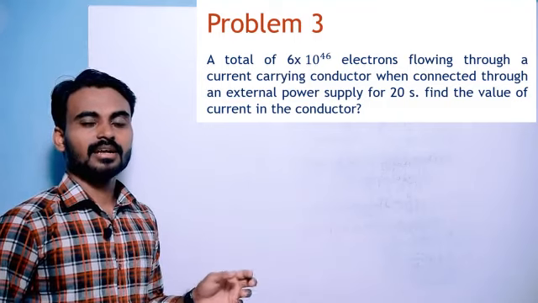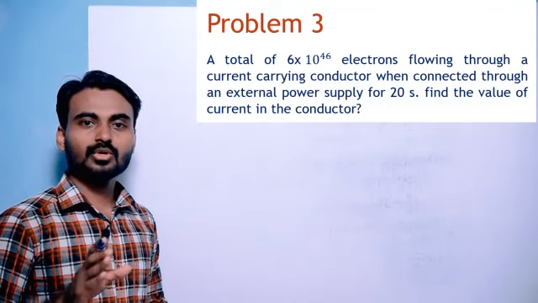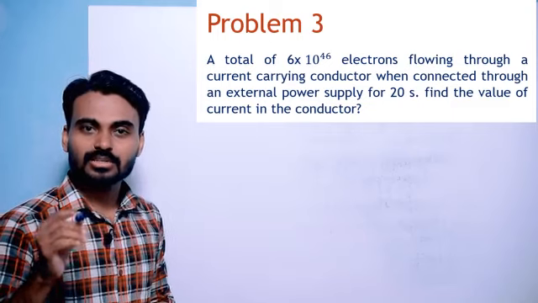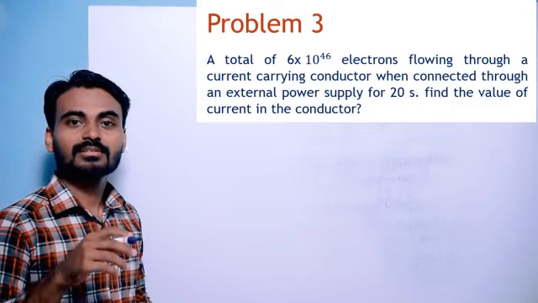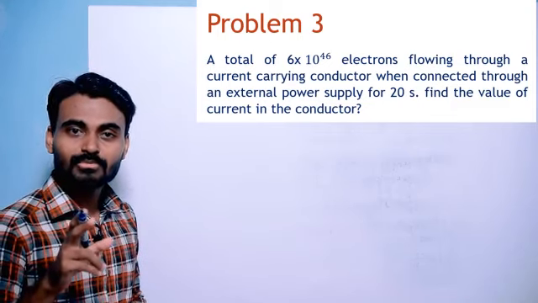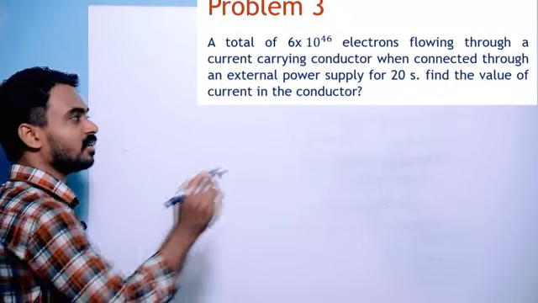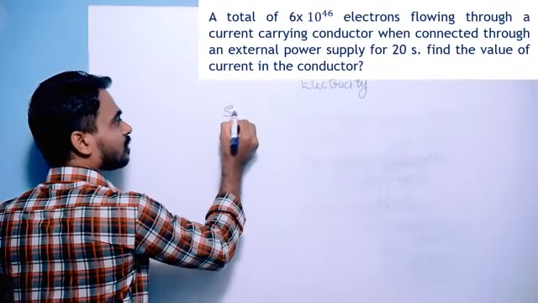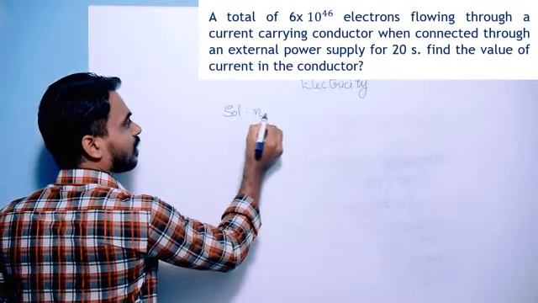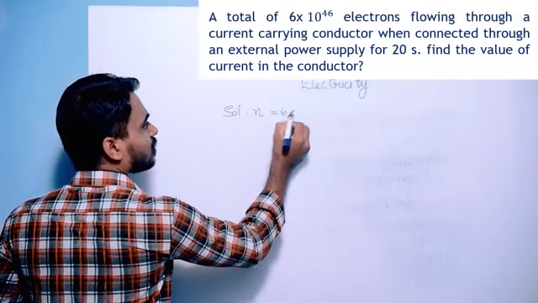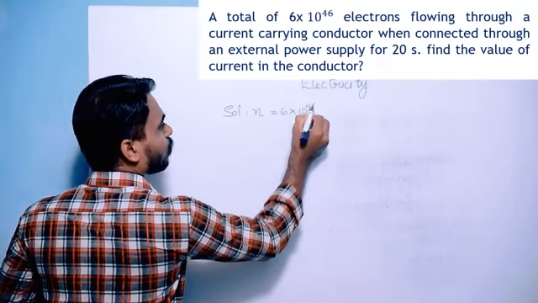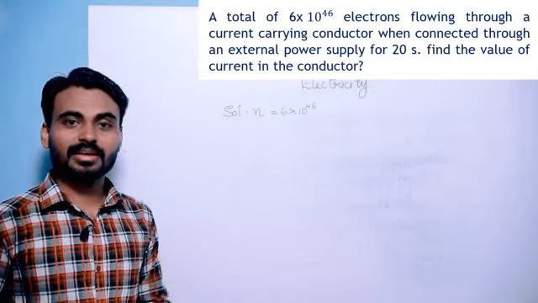It is given that a total of 6 into 10 raised to 46 electrons. What is given? The number of electrons, N, is given. We are also starting the solution. We write N is equal to 6 into 10 raised to 46. Then what is given again?